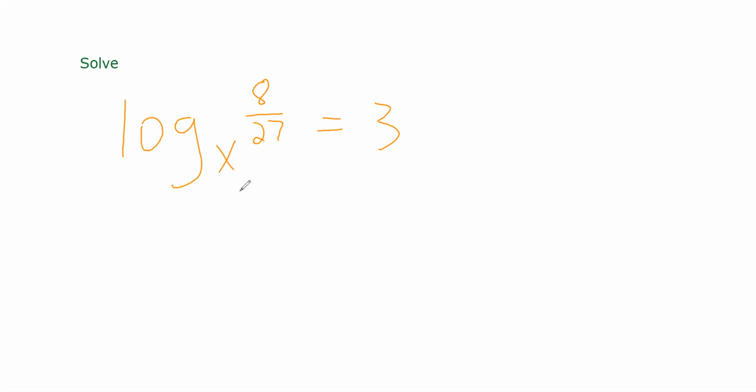Wait a minute, Josh, how can we solve this? Do we divide both sides by log? Well, no, because log is not a number itself. How do we solve this? Well, in a lot of logarithmic equations, try rewriting as an exponential.